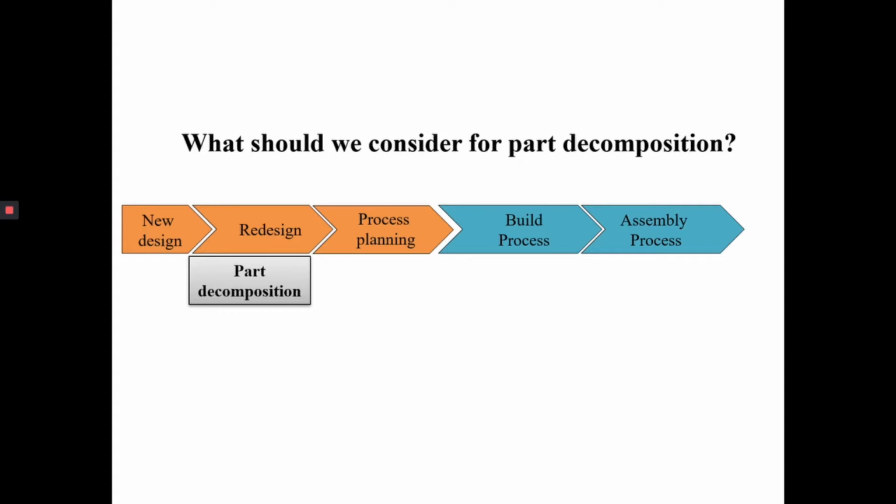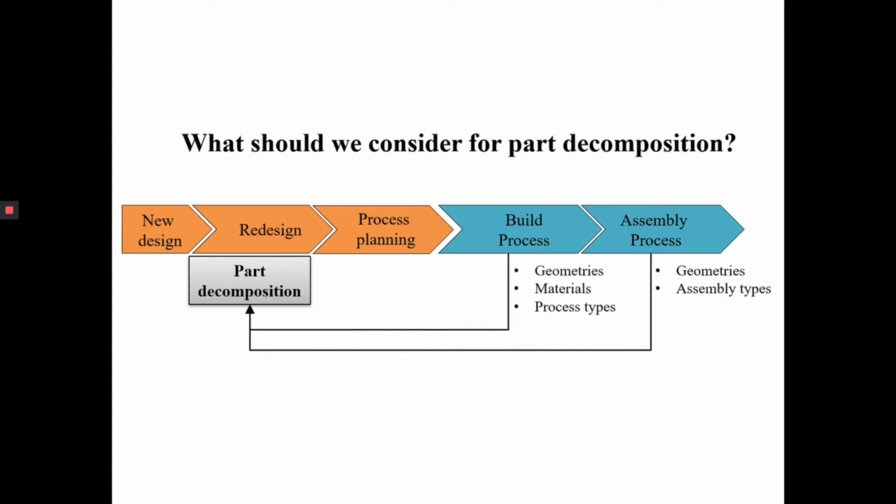In particular, the geometry of decomposed parts is critical in failures, defects, inefficiencies, or feasibility for both processes. In this study, we mainly focus on the geometry of decomposed parts affecting build and assembly processes.